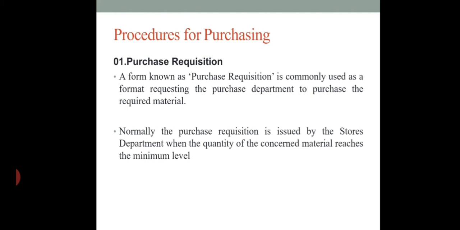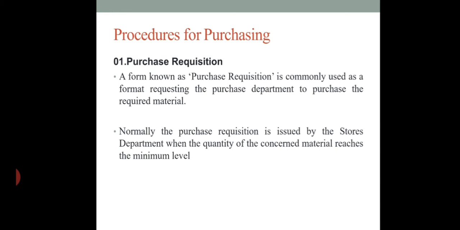Then the procedure of purchasing. The first step is purchase requisition. The purchase officer does not initiate any action for the purchase of material on his own, but with the help of the purchase requisition.